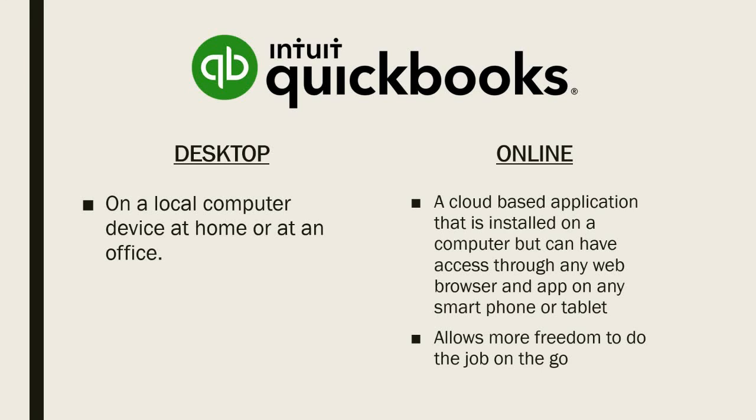So let's go ahead and take a look at the difference between a desktop and an online version. A desktop is straightforward. It is where you have a computer and it's on that local computer device.